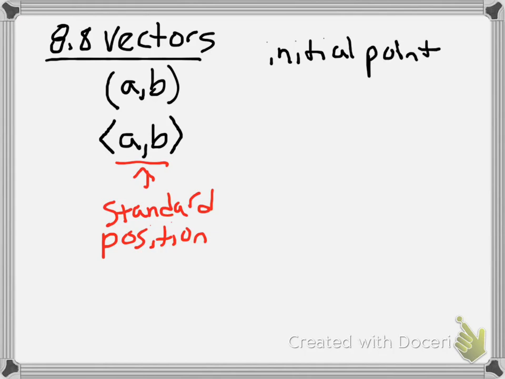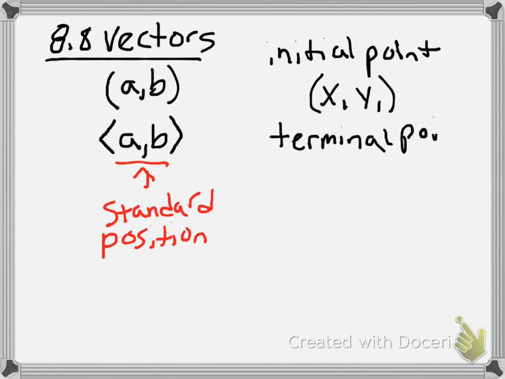Your initial point, let's say, is at x1, y1. And your terminal point is where it ends up. So let's say our terminal point's at x2, y2. Well, in order to find our standard position, all we do is subtract our terminal minus our initial.